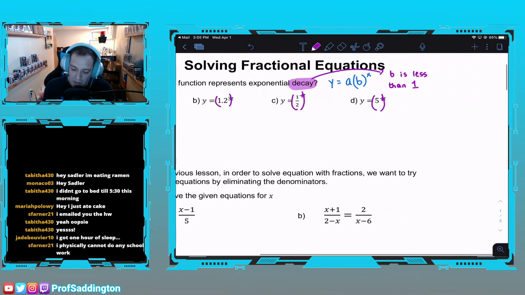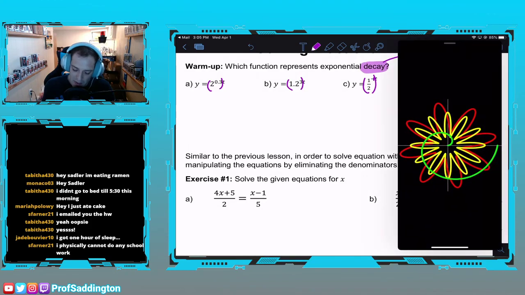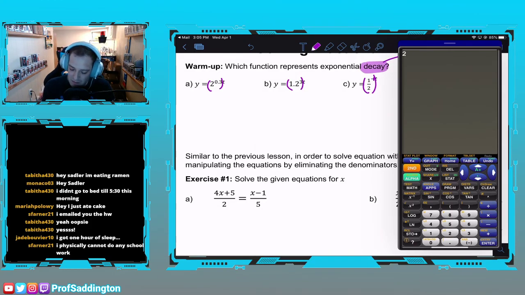So now what I want to do, oh, I don't have my calculator up. Now what I want to do is just type all of those in. So I have 2 to the 0.3. This is telling us that y is going to be equal to 1.23 and so on to the t power, because all I'm doing is simplifying it.